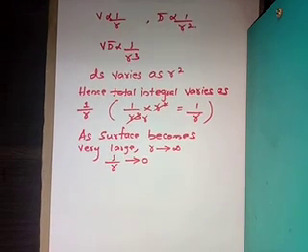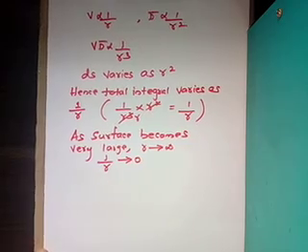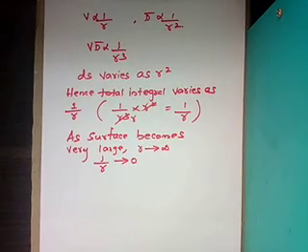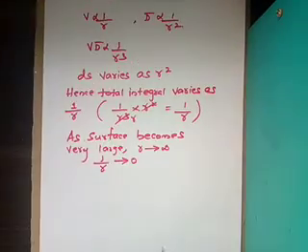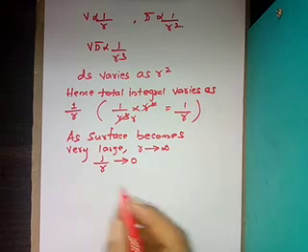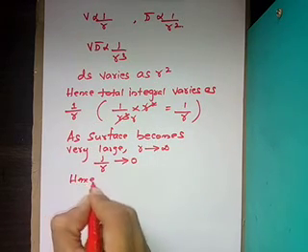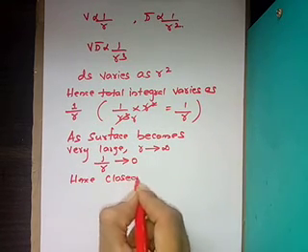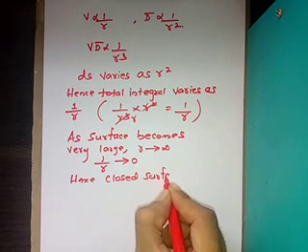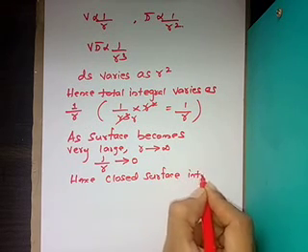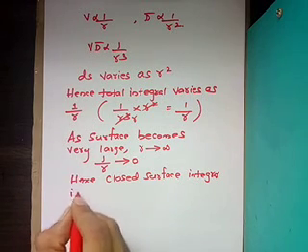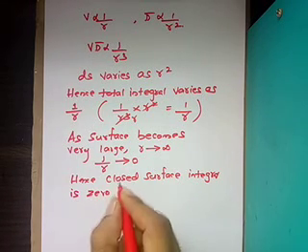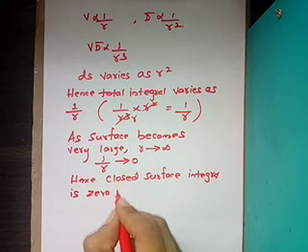Hence the closed surface integral, whatever we have written in the previous equation, that is this term V d bar dot ds bar closed surface integral, becomes 0. Hence the closed surface integral is 0 in equation 7.